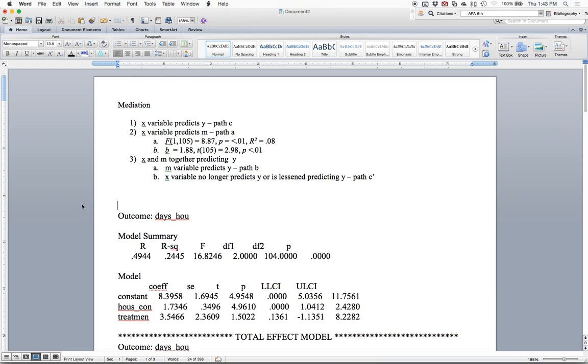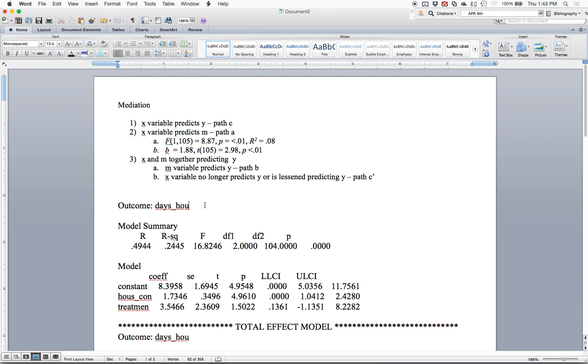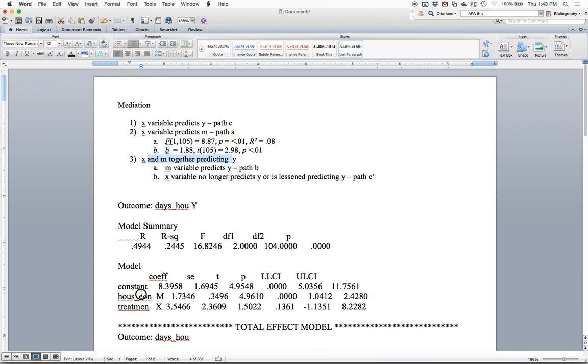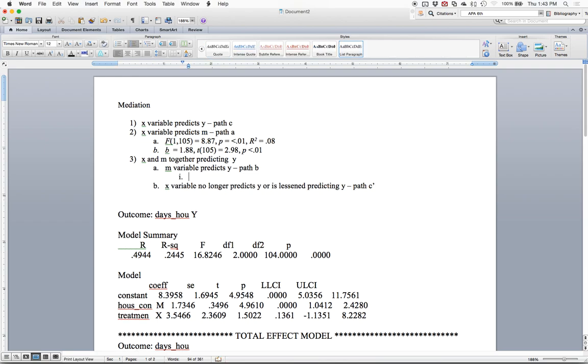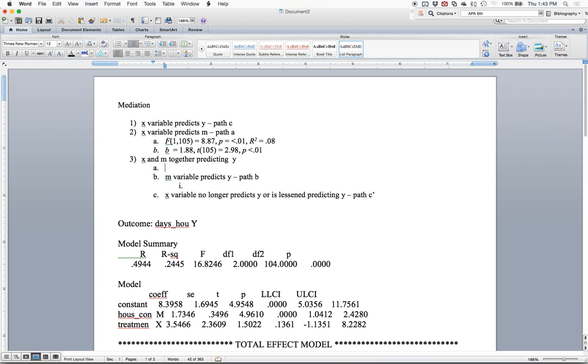So let's look at the second one here. The next thing we're going to get is B and C prime. Like I said, alphabetical order. So this is going to be Y, and then we've got M and X together, which makes it this part here. The first one that comes up is M predicting Y, so that's path B, so that's here. And the overall model for this piece is significant.